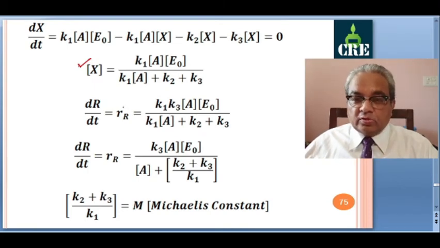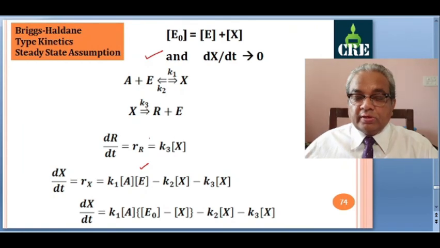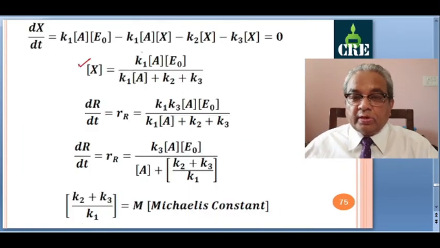So the rate of formation of R is K3 into X. So K1 K3 concentration of A into concentration of E0, and in the denominator we get K1 into concentration of A plus K2 plus K3.